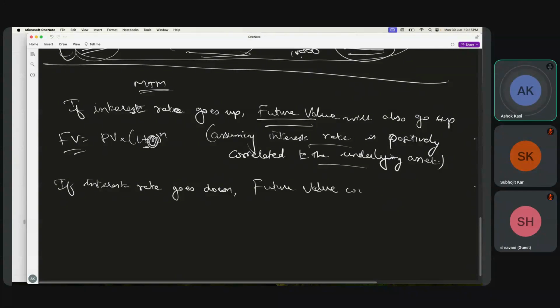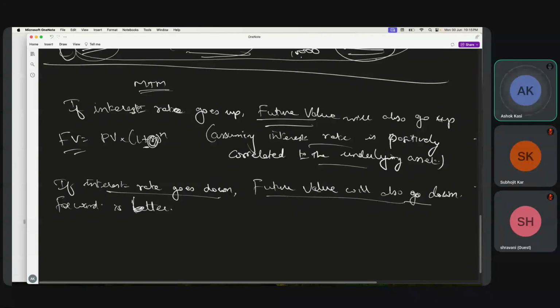So in that case, forward is better. Understood? If the interest rate is going down, the future value will go down, which means money will go out of your pocket in MTM.